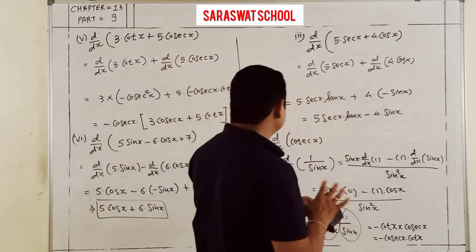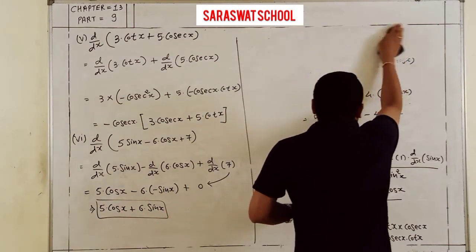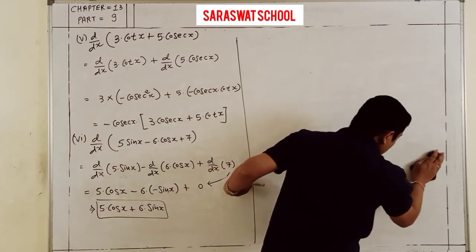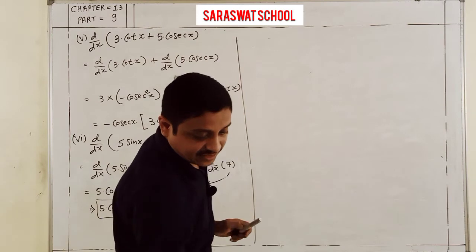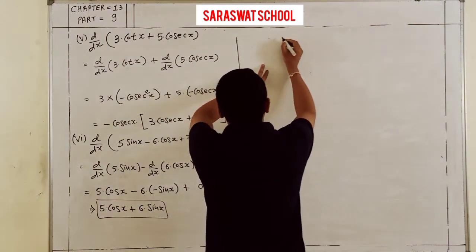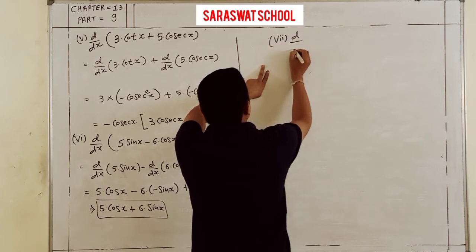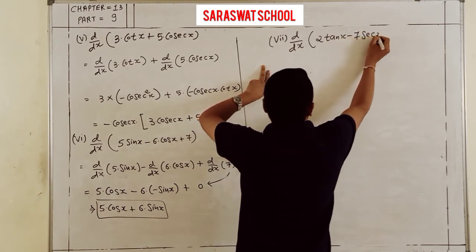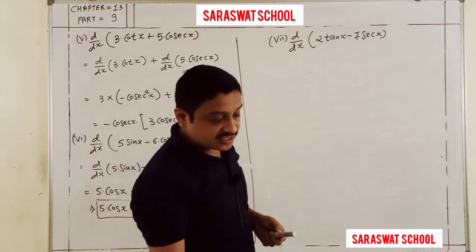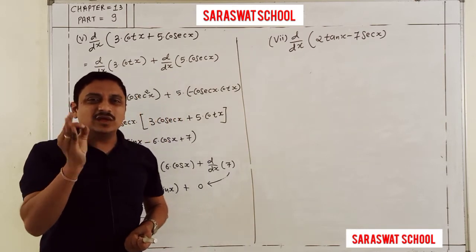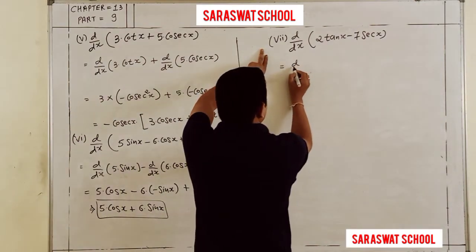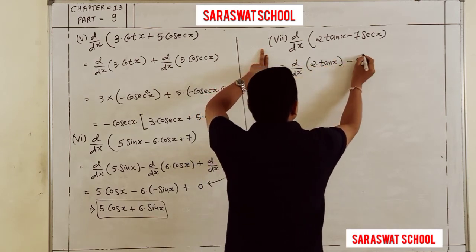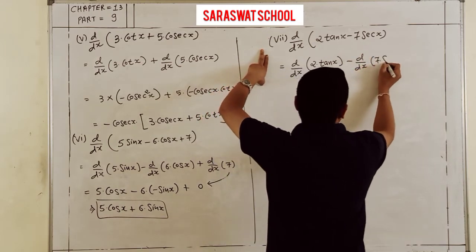Now continue with question number 7, the last sum for this exercise: d/dx of 2 tan x minus 7 sec x. Just checking the question, 2 tan x minus 7 sec x. Apply the working rule to the subtraction: d/dx of 2 tan x minus d/dx of 7 sec x.